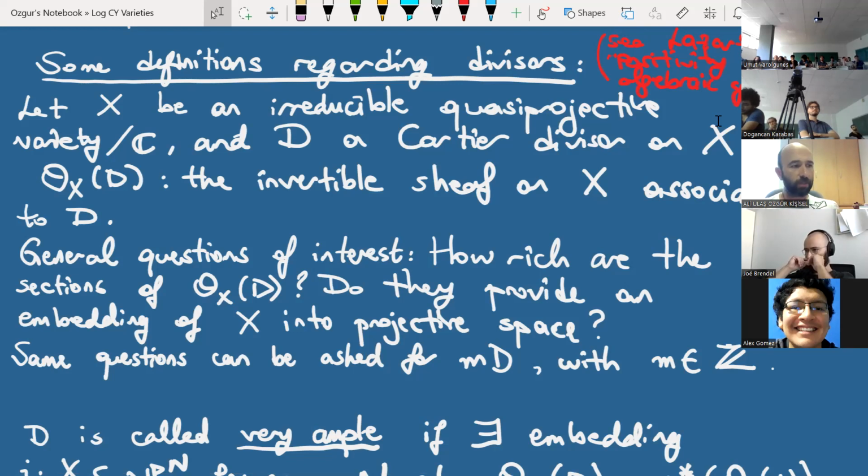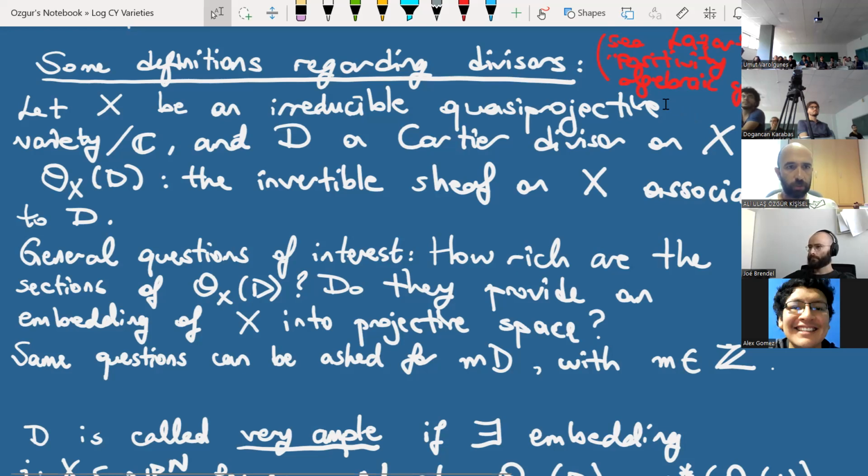I mean, does it have enough sections to give you, for instance, an embedding of X into projective space? Such questions are very important, and one can ask the same questions not just for D, but multiples of D.